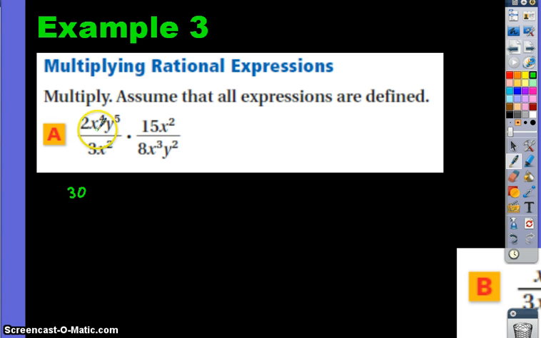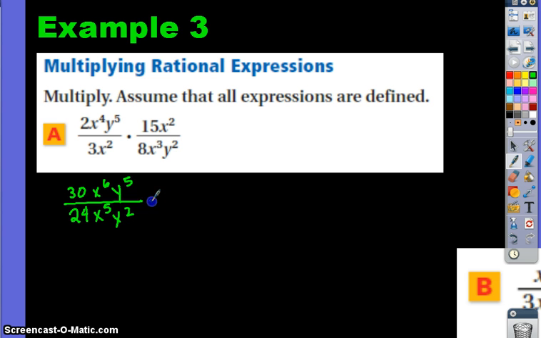Remember, when we multiply exponents with the same base, we just add their exponents, so x to the 4th times x to the 2nd would be x to the 6th. There's no y to the fifth, so we're just going to say y to the fifth, over, let's do the coefficients, 3 times 8 is 24. x to the second times x to the third would be x to the fifth times y squared.